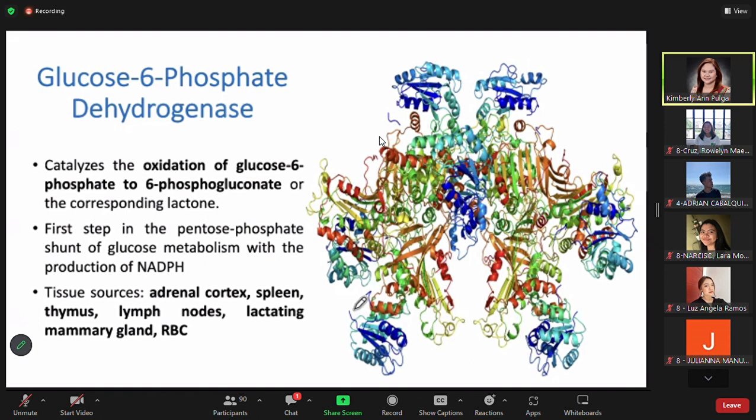It is also used for newborn screening, so it is one of our newborn screening markers. Tissue sources are adrenal cortex, spleen, thymus, lymph nodes, lactating mammary glands, and RBCs. Again, it functions to maintain NADPH in reduced form.